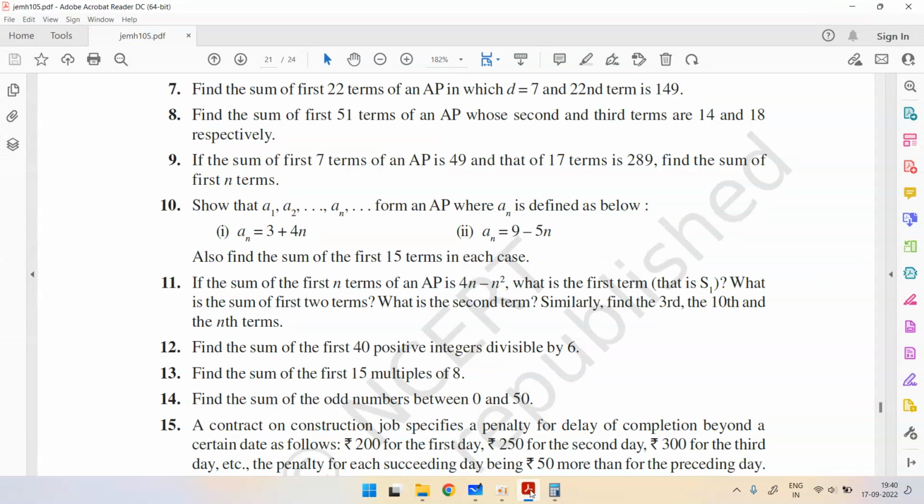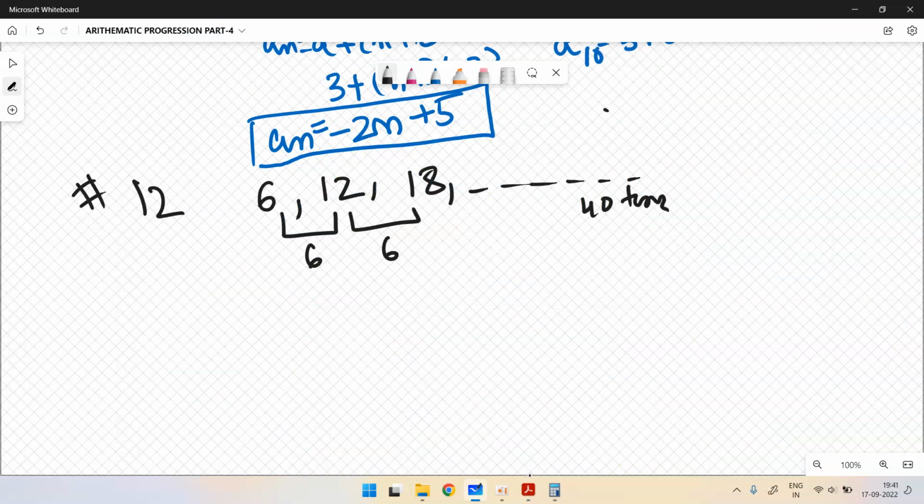You need to find the sum, so you directly write the formula.